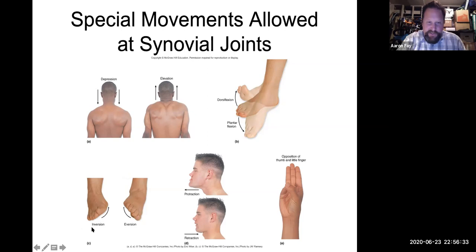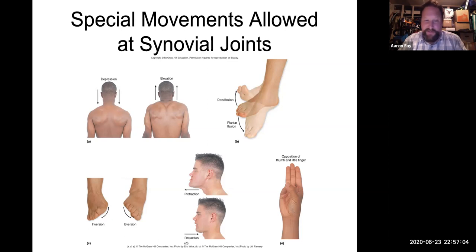Inversion and eversion, these are also special movements of the foot. If these are your feet, right, these are your big toes. If you stand on the edge of your foot, that is inversion. If you stand on the medial edge of your foot, standing on your big toes, that would be eversion. I can't even do that, but I can invert my foot, but I can't really evert my foot. In this lovely example between protraction and retraction, right?